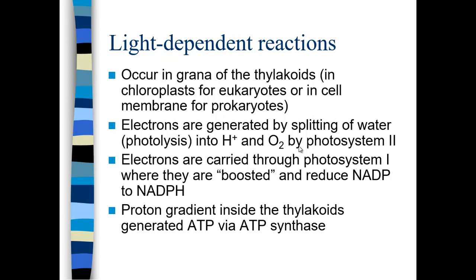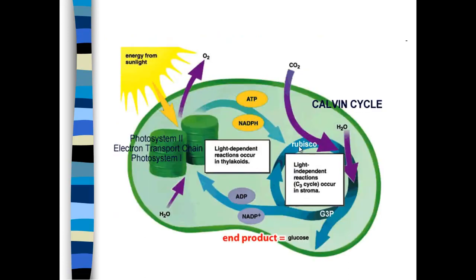This is caused by photosystem II, and this generates ATP via ATP synthase. So it's like there's a little electron transport chain that occurs in photosynthesis, and because of that proton gradient, we get ATP. That ATP is not used in the cell. It's only used for the production of glucose during photosynthesis.